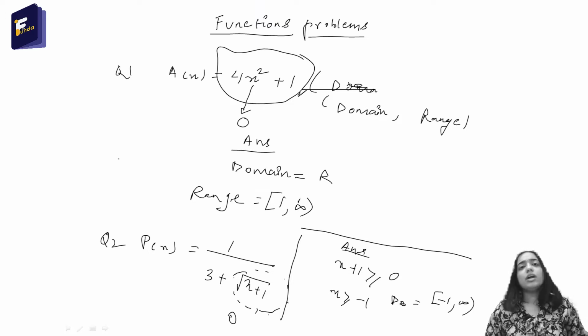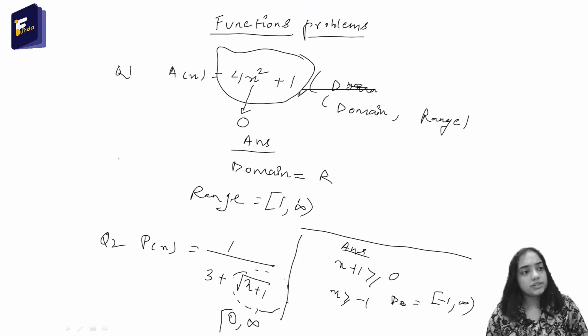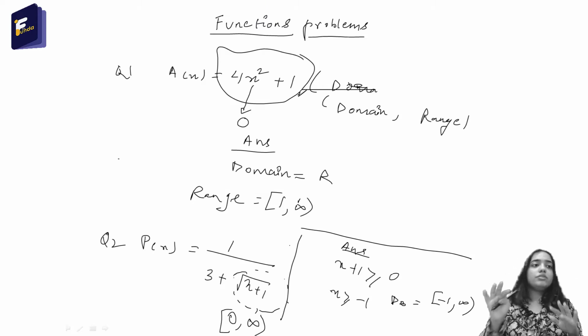The maximum value can be infinity. We can just go on, make x as big as possible and then find its square root. So the maximum value of this function, the output, is infinity. So minimum is 0, maximum is infinity. So this is the range of square root of x plus 1.